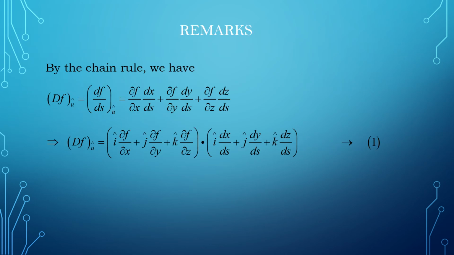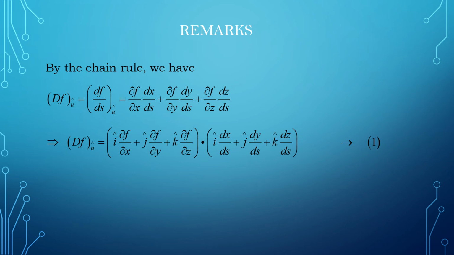If we carefully observe the formula of the directional derivative df at u cap for the function f from R3 to R in the direction of the prescribed vector u cap, we can understand one thing.